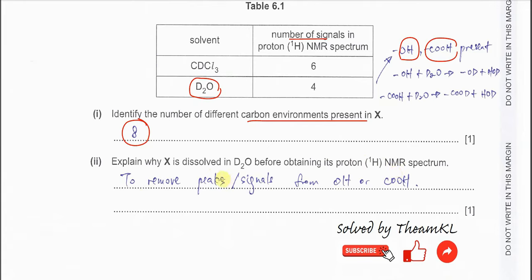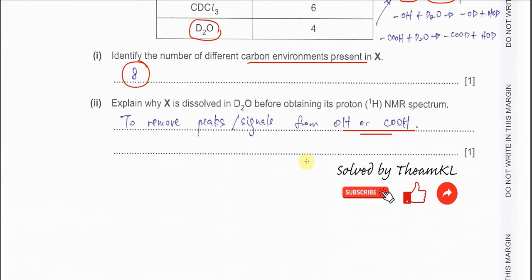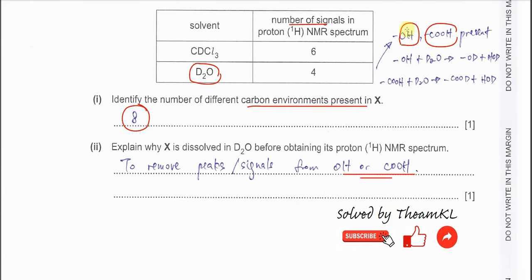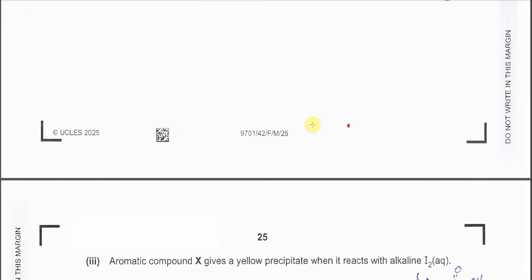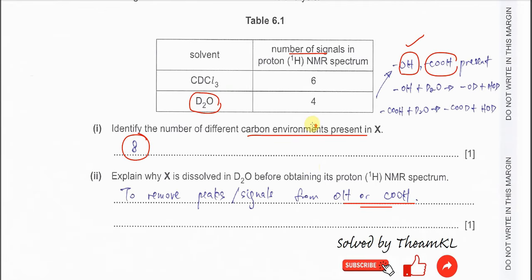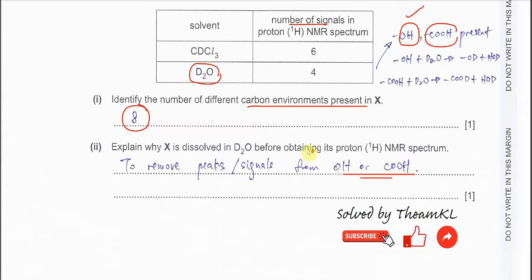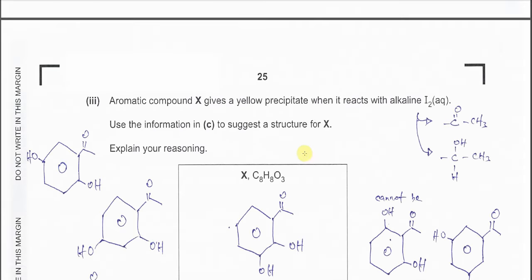It's just to remove the signals from the OH or COOH, to know whether there is any OH or COOH group in the X. From here we know that there are 2 OH or COOH, but most likely it will be the OH, because of the molecular formula. Later we discuss that.